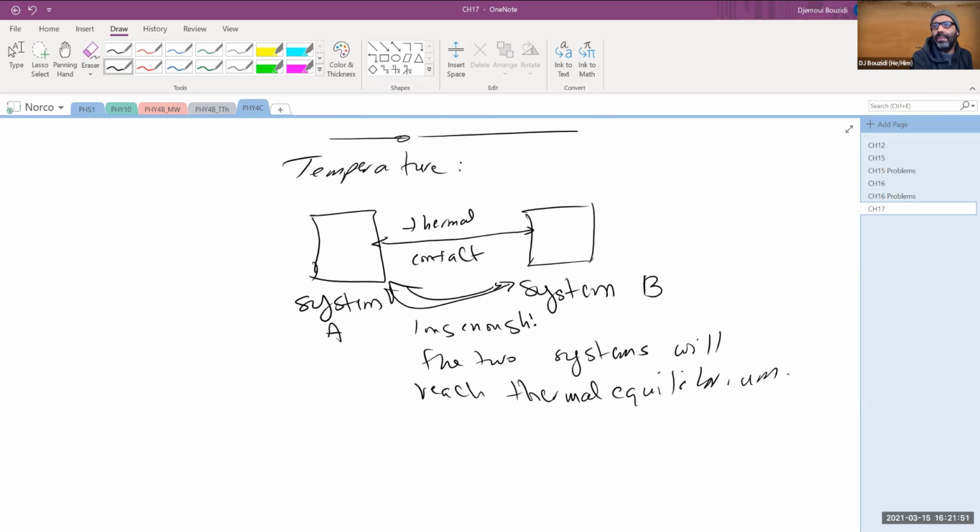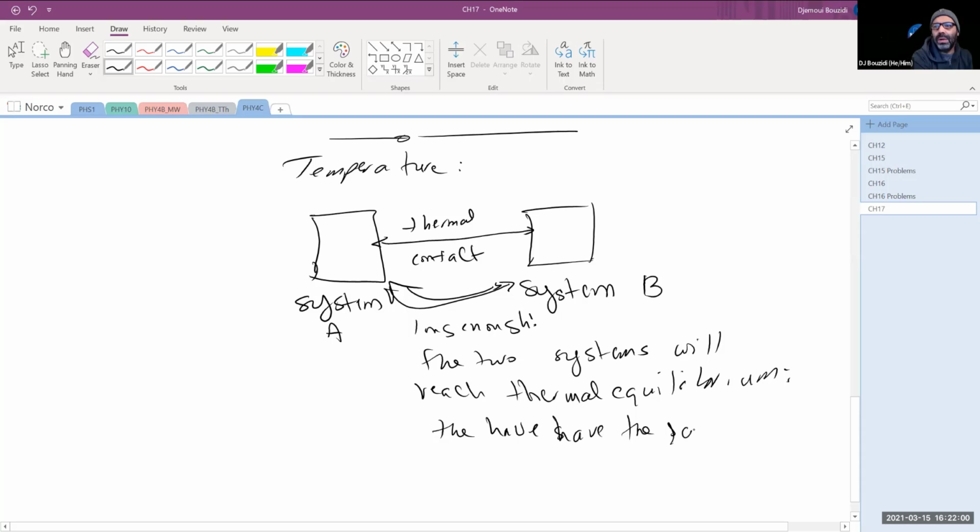Meaning they have the same temperature, because I actually can feel that too.